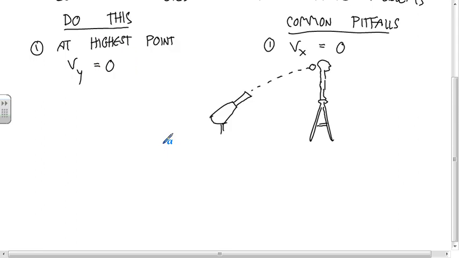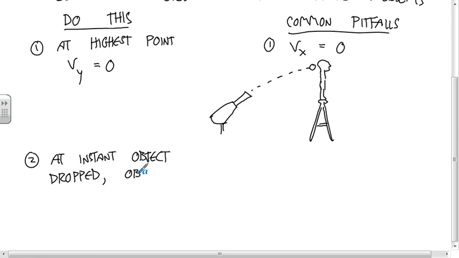The second strategy for 2D kinematics is that at the instant an object is dropped, the object's velocity is the velocity of what it was dropped from, like a vehicle or whatever.